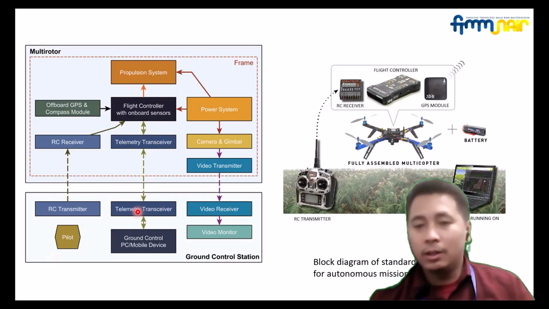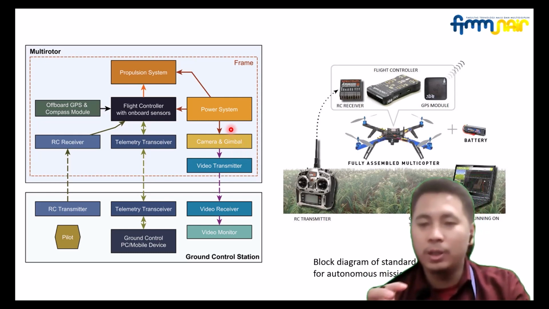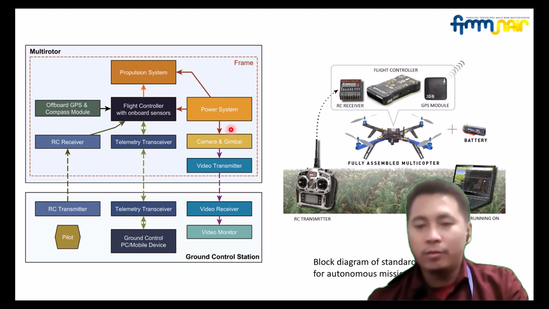And this is the block diagram of a standard multicopter. You have the propulsion system, power system, and camera and gimbal. The gimbal is the mounting system that keeps the camera steady. You also have a video transmitter here. We divide it into the multi-rotor and the ground control station.